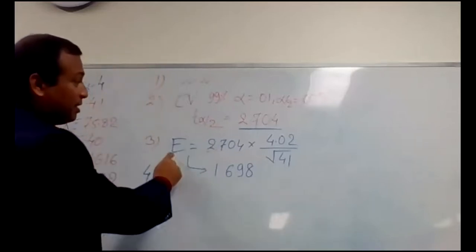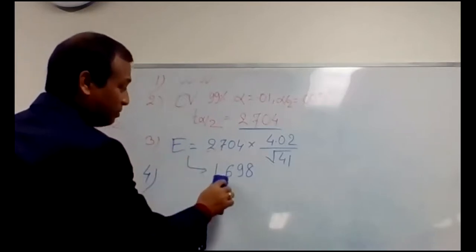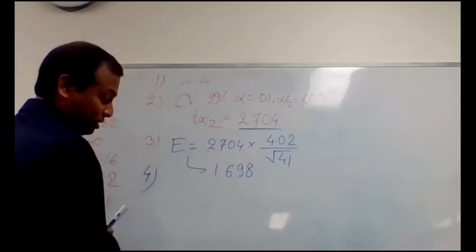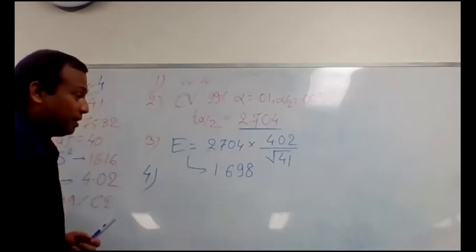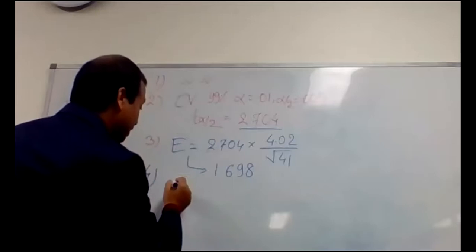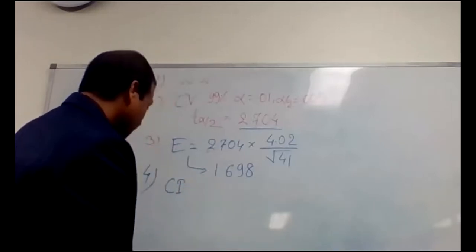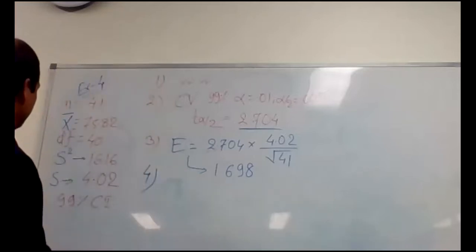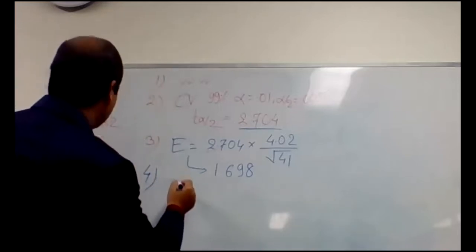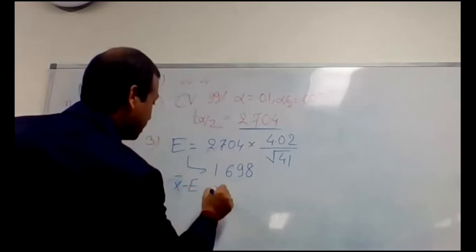If they are asking for margin of error, then just give me in the 2-digit 1.70 instead of writing 1.698. And if the question is on the confidence interval, then find out that one first. For the confidence interval, it will be x bar minus e to x bar plus e.